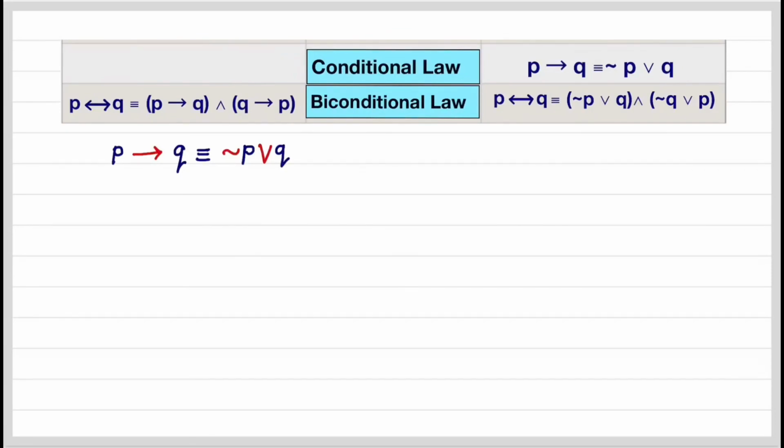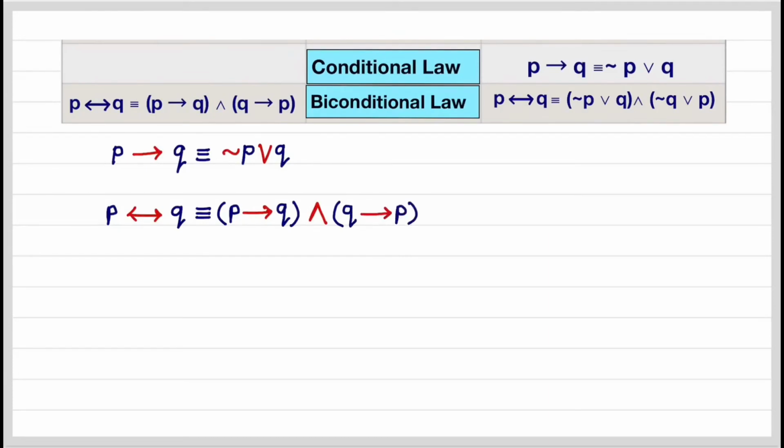Now, the biconditional law says that P double implies Q is equivalent to the conjunction of P implies Q and Q implies P. That is a conjunction of two implications.